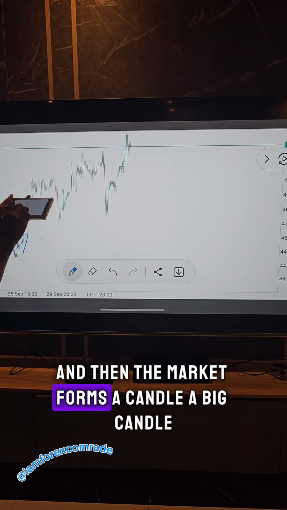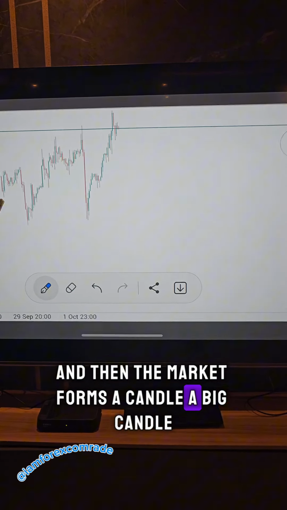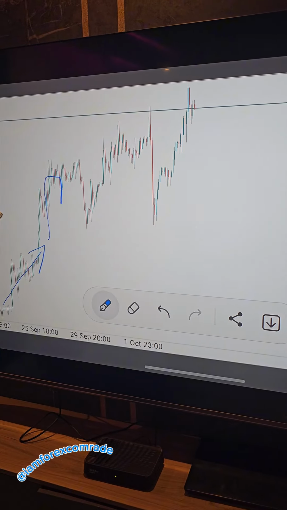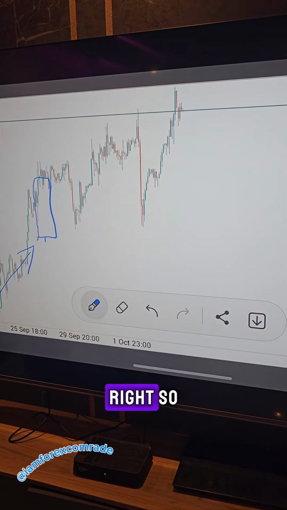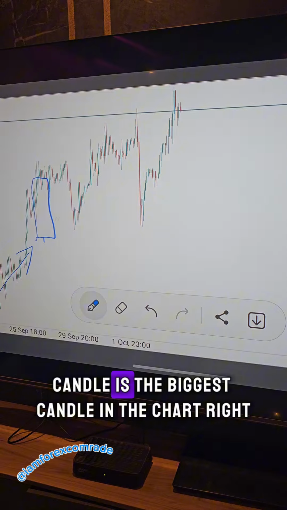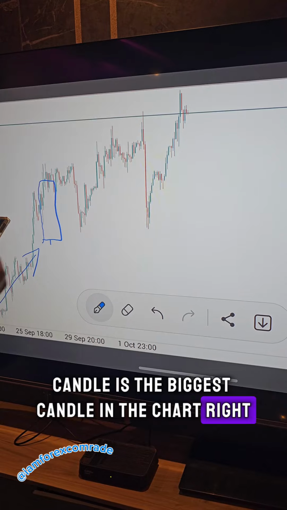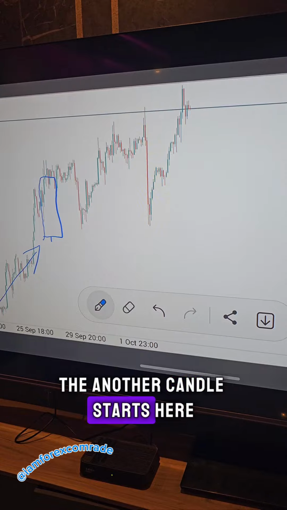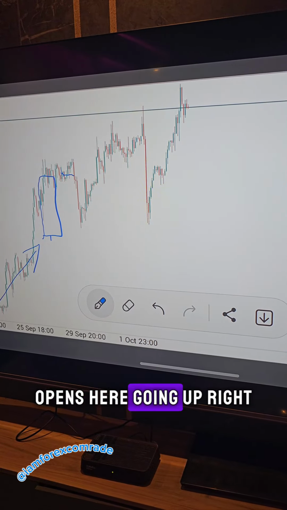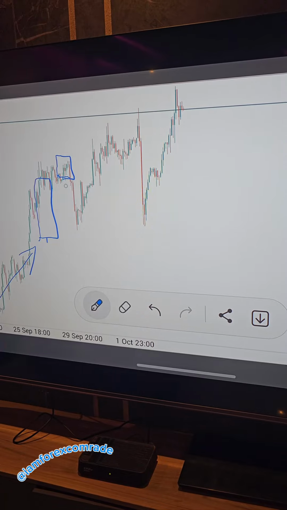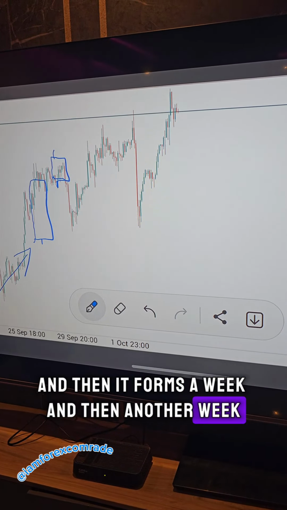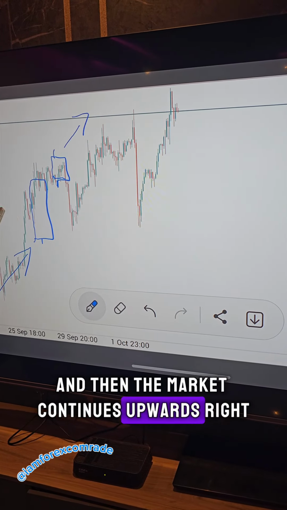And then the market forms a candle, a big candle. Let's draw a candle here, right? Let's assume that this candle is the biggest candle in the chart, right? And then the market continues, another candle starts here, opens here, going up, right? And then it forms a wick, and then another wick, and then the market continues upwards, right?